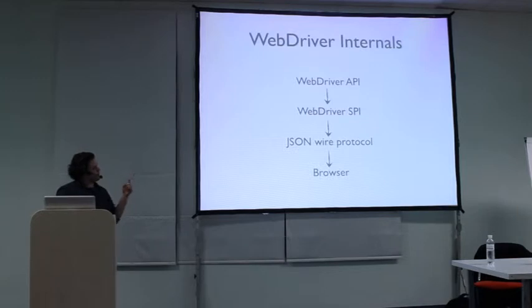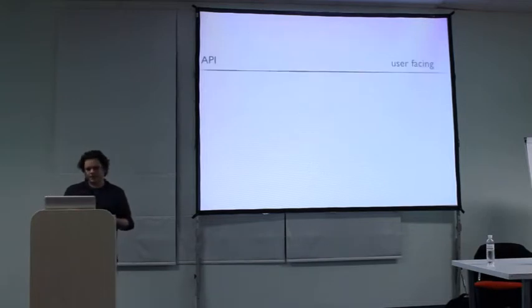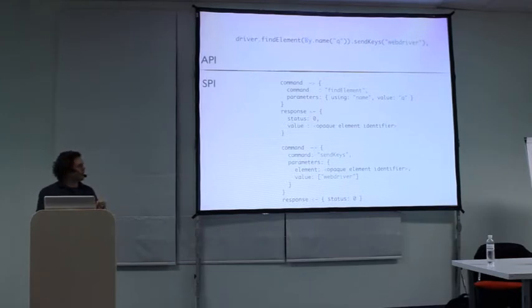Underneath that is a JSON wire protocol, which is sort of the reference implementation of how the SPI works. And beneath that, the browser. So the API is the user-facing side, and the SPI is the implementer-facing side. So usually, as a user, you don't need to care about anything except the API. But under the hood, there's things going on.